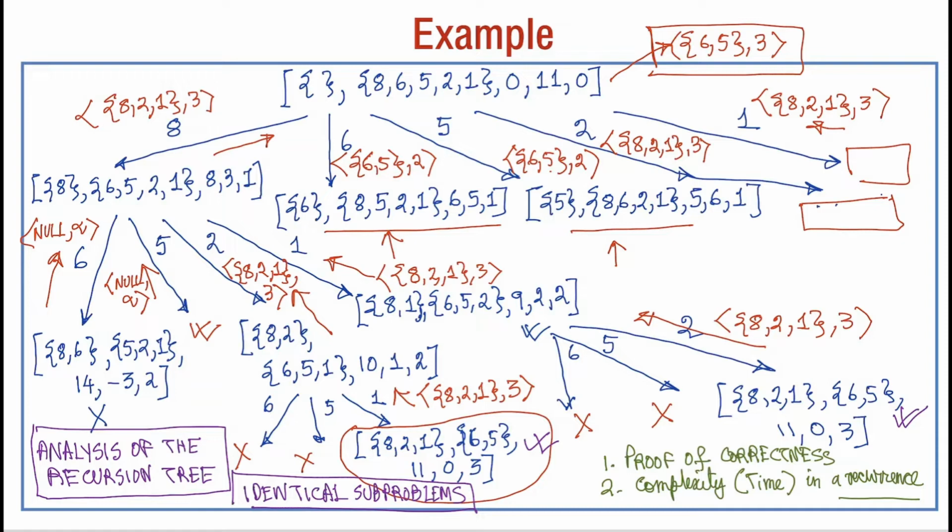The other alternative is: can we modify the recursion in such a way that these identical subproblems are not generated? So how do we do this? Let us go back and look at our recursive definition.